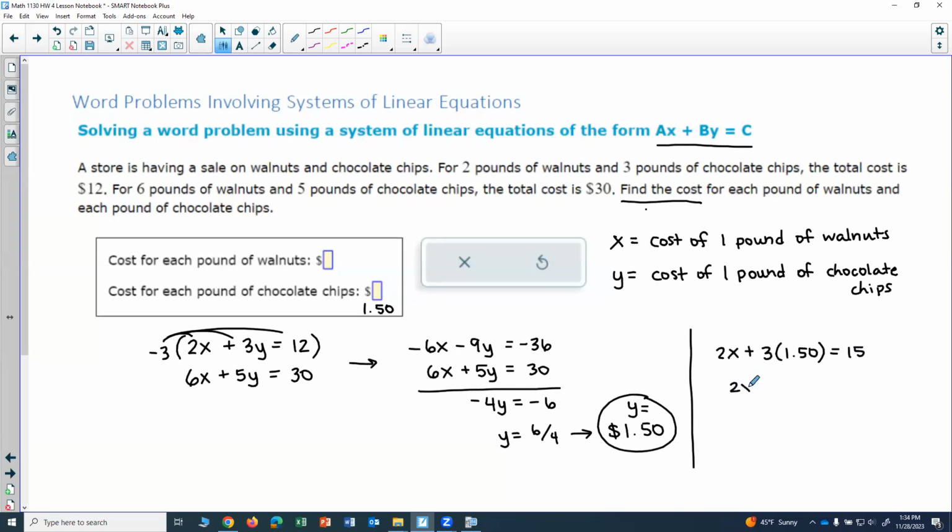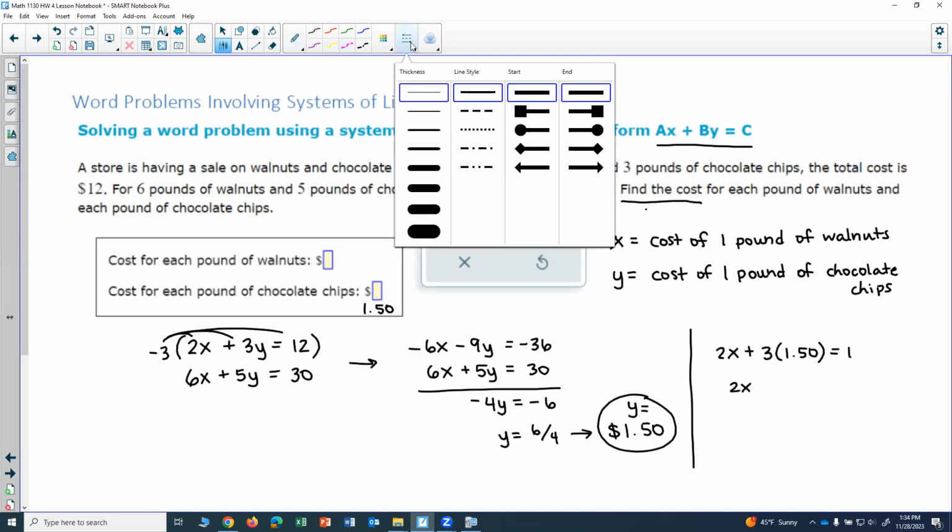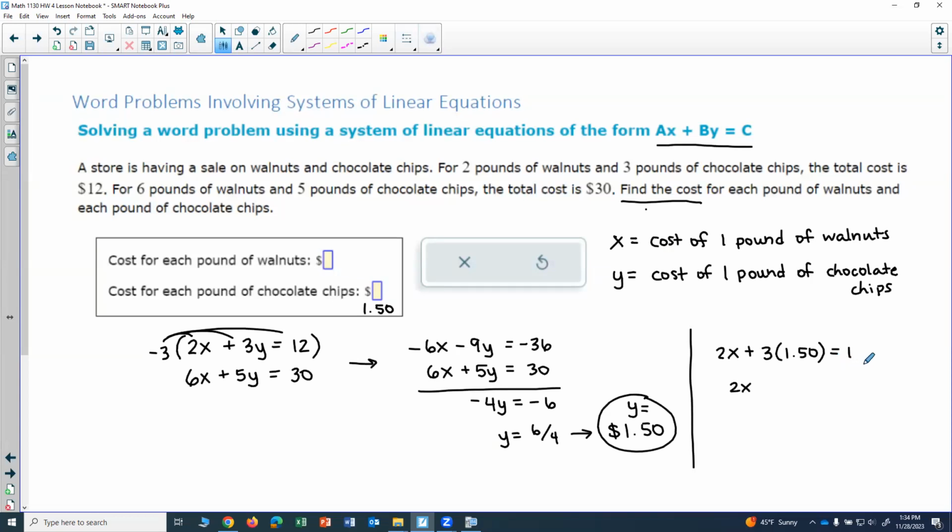I said 12, but I wrote 15, so let me fix that. All right, so I get 2x plus 3 times $1.50, which would be $4.50.